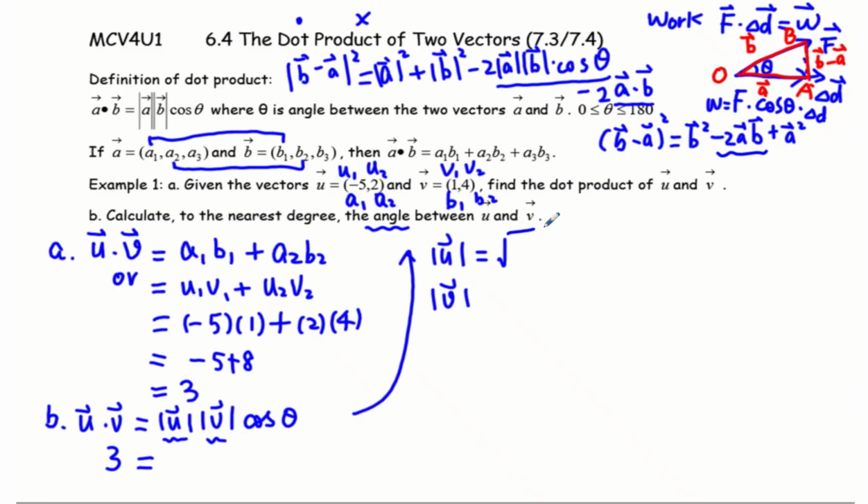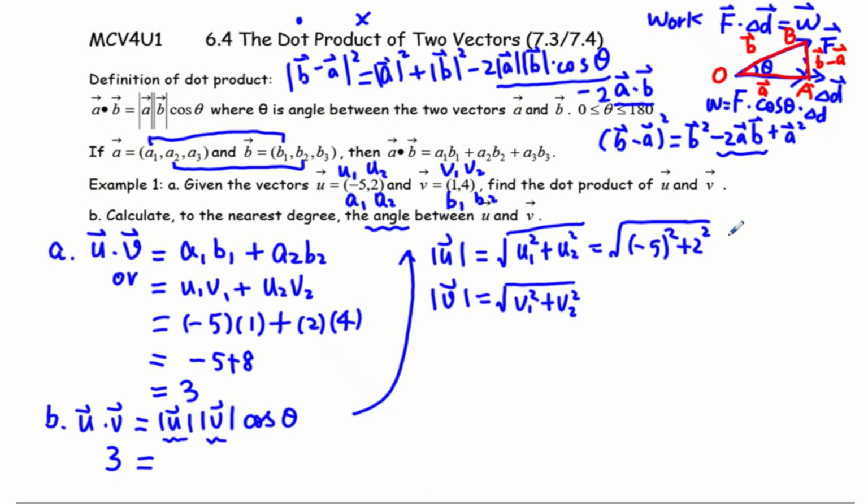So it's square root of a squared plus b squared, u1 squared plus u2 squared, or v1 squared plus v2 squared. So this is x direction, this is y direction. -5 squared plus 2 squared is square root 29.